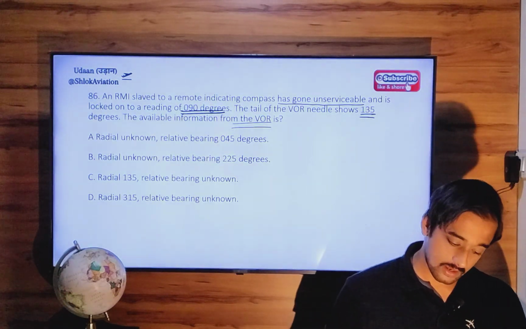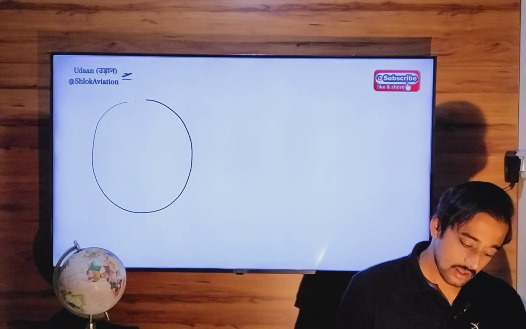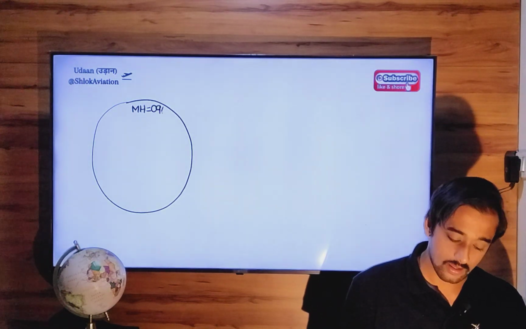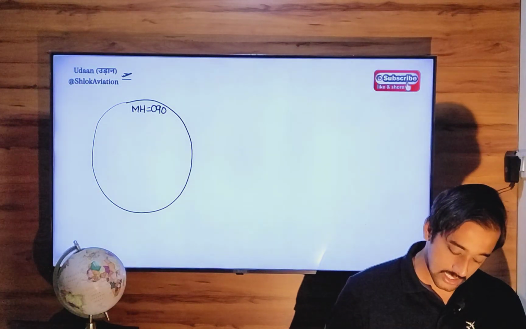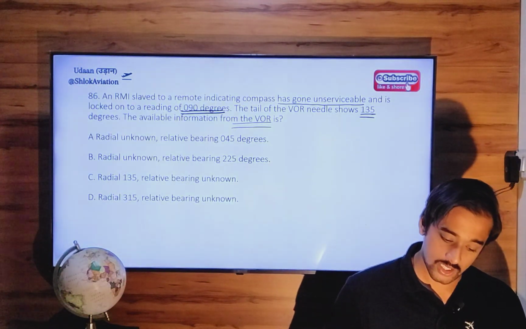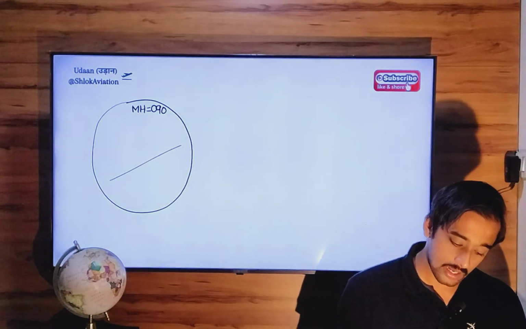So, in this case, this is your RMI. The magnetic heading indicated is 090 and the tail of the VOR needle is pointing at 135.